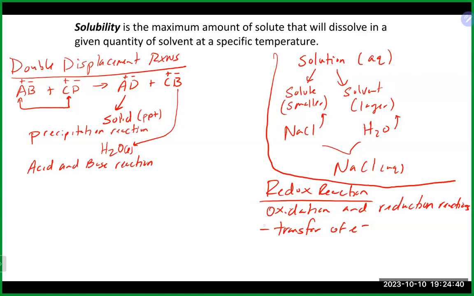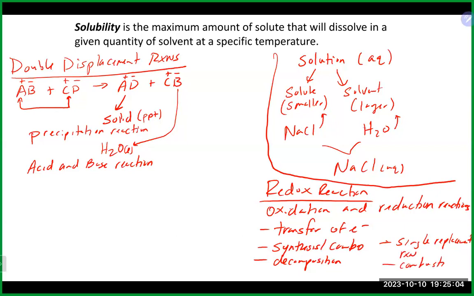For example, in a redox situation, that's where you find your synthesis and combination reaction, your decomposition reaction, your single replacement reaction, your combustion reaction. So as we go through the rest of this chapter, we're going to really talk about all these different types of reactions. And again, they basically fall under these two umbrellas.